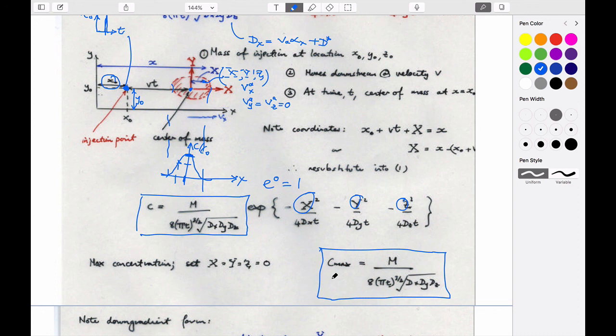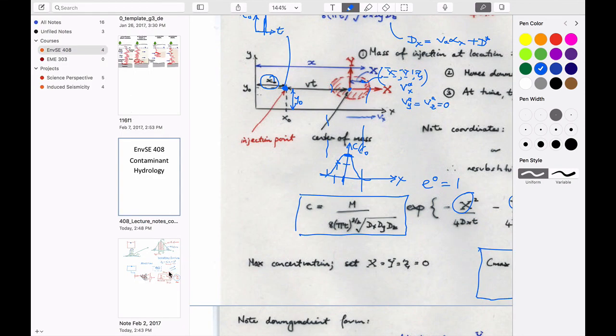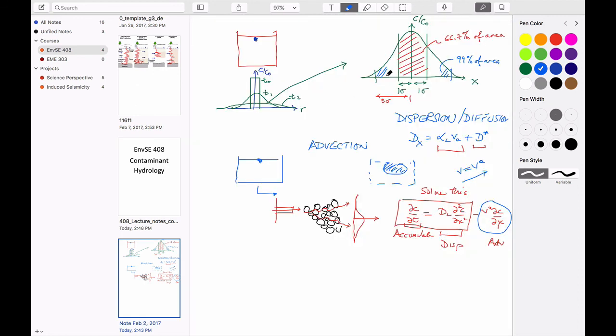Parting shot. The last thing to think about is that because this is a bell curve, a Gaussian distribution, and because we spent some time talking about 3 standard deviations, this means that 99% of the concentration or the mass is included within 3 standard deviations of this center of the plume.